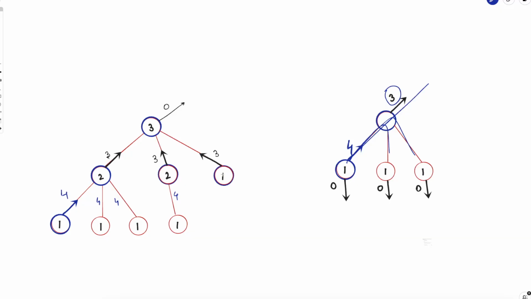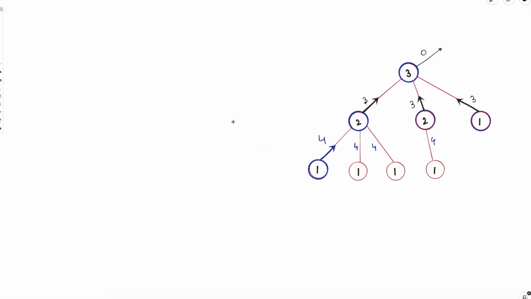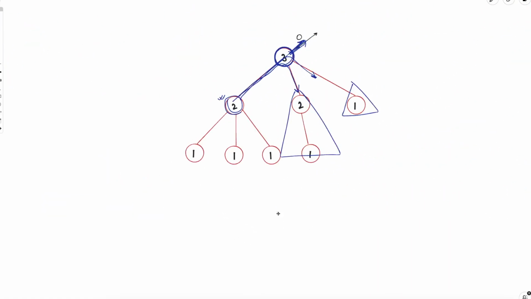Now what's the time complexity of this entire algorithm? For each node, we first figured out the farthest node if you go down, and that was just a simple DFS, so that will take you order n time. After that, for each node we calculated the farthest node going out, and for the root node we already know that's just order 1 time.